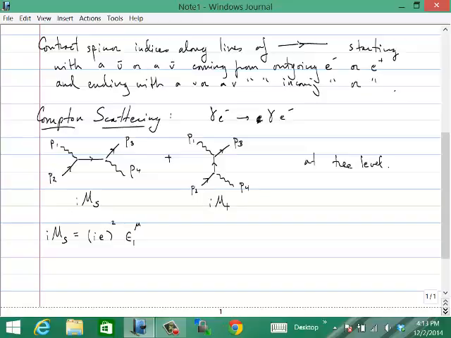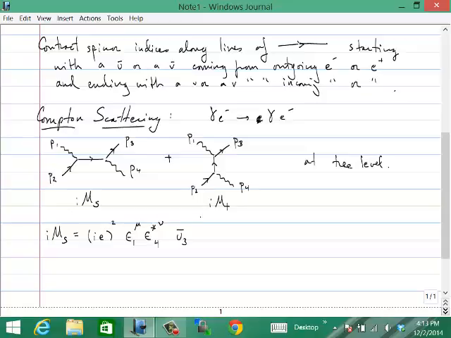That's an incoming photon, so you get an epsilon. And then you get an epsilon star for the outgoing photon with the momentum p4. And then we have the fermion line. You have some outgoing spinor with momentum p3, and I'll just call its polarization U3.